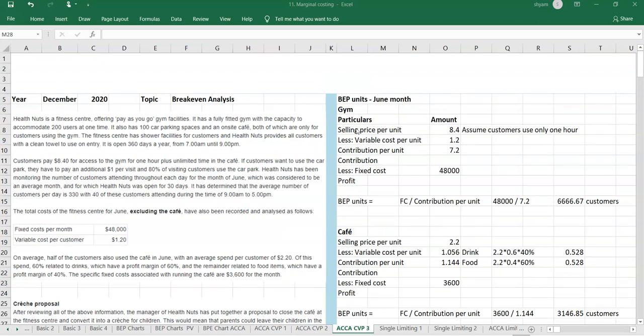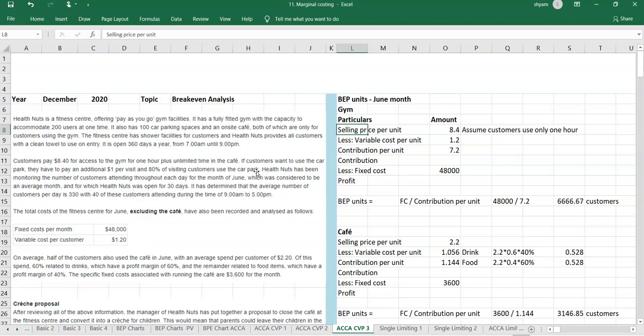Okay, so we'll check whether we have done all the items. It says the customer pays 8.4 for 1 hour of gym. And if customers want to use the car parking, they have to pay $1 per visit, and 80% of the customers use the car park.